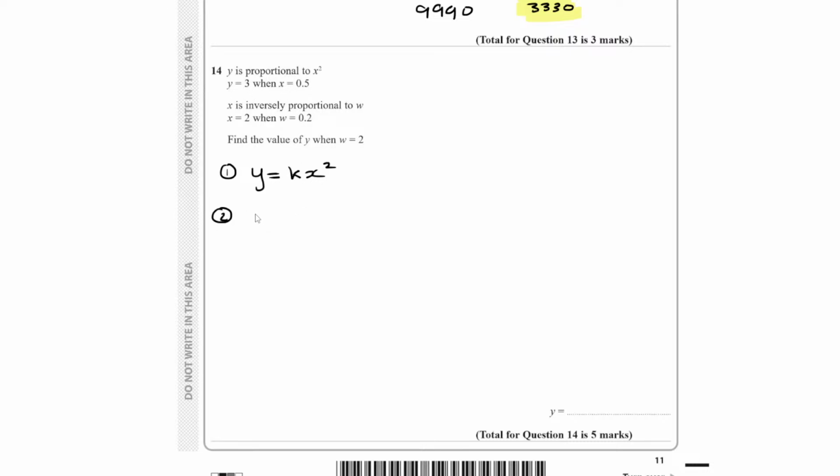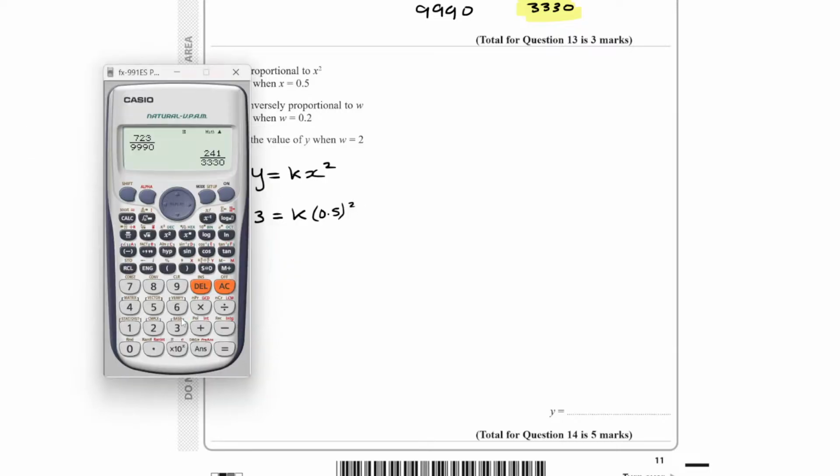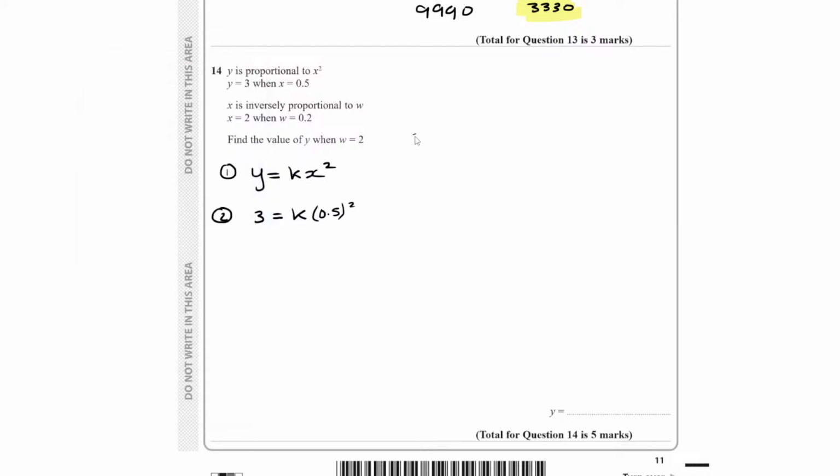That's direct proportion. Step 2 is obviously we need to work out what k is, so that's why they've given us a matching pair. So sub those in, 3 for y, k multiplied by 0.5 squared, which you can obviously look up or convert into a fraction, it's up to you. So that's a quarter, or in other words 0.25. So we've got a quarter k is equal to 3.